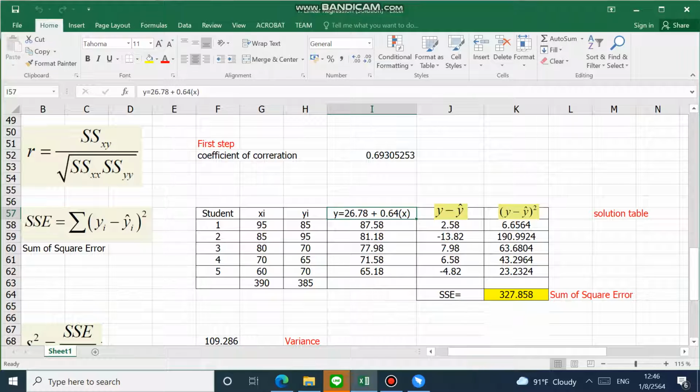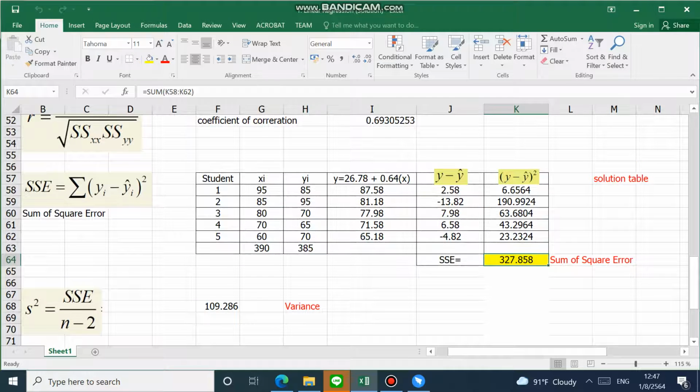You put it in here, and you can compute the predicted y. So you compute y minus y hat, and then y minus y hat squared. And finally you can compute sum of square error. In this solution table you can get the sum of square error.